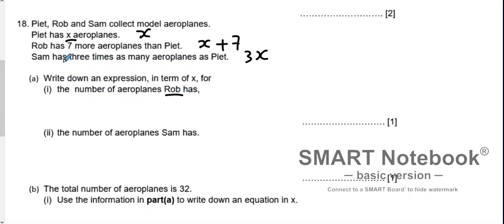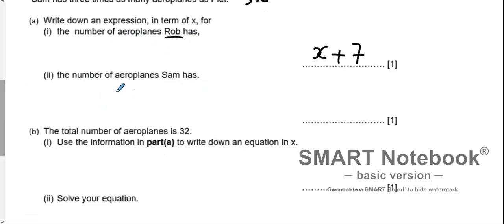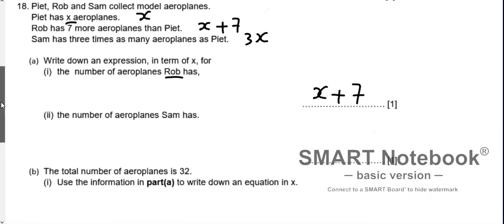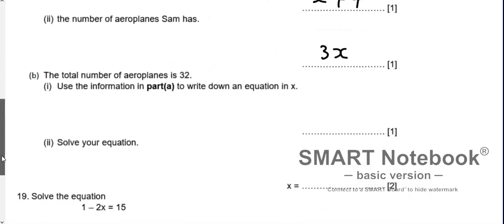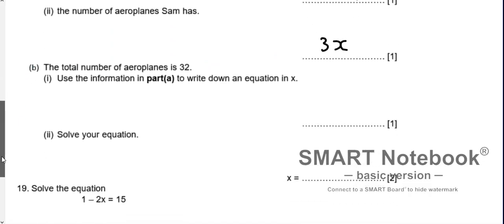Write down an expression in terms of X for the number of aeroplanes Rob has. So Rob has X plus 7. And the number of aeroplanes Sam has. Sam has 3X. Okay, the total number of aeroplanes is 32.